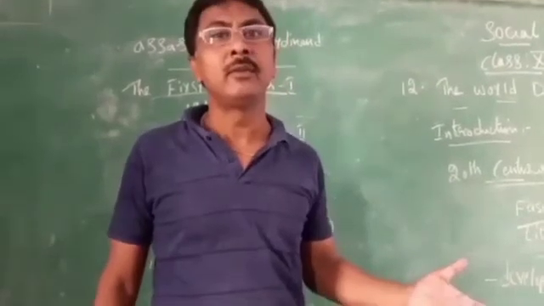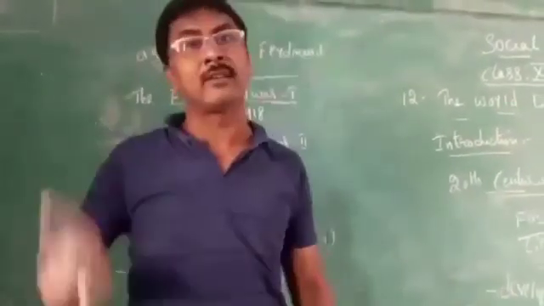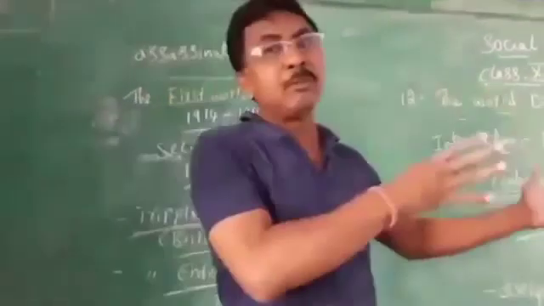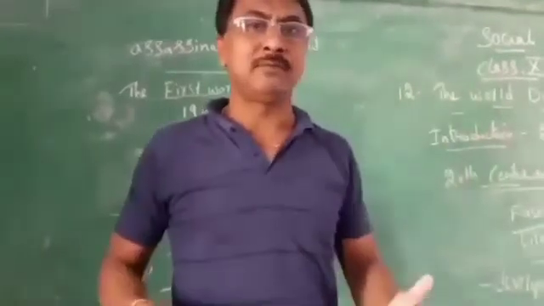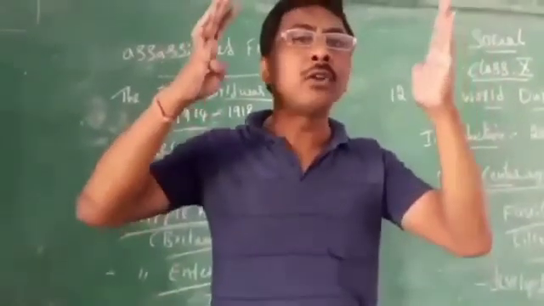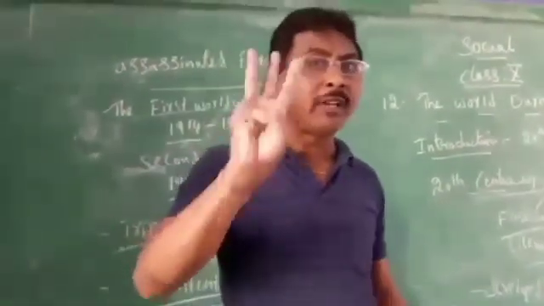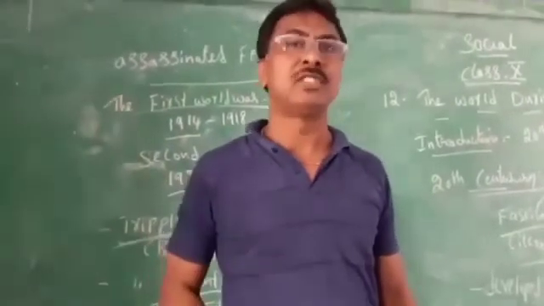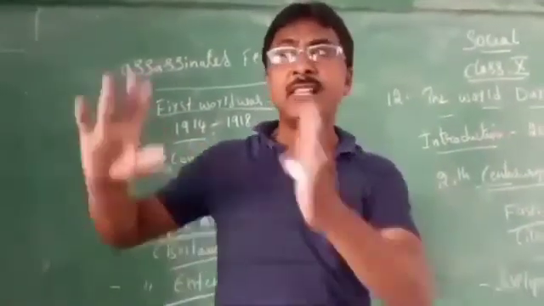So what happened? They asked for an explanation. Immediately the Austrian people sent a letter: tell us the reason why you assassinated our king and queen. We want the information within 48 hours, mandatory. Within 48 hours you should send the explanation.